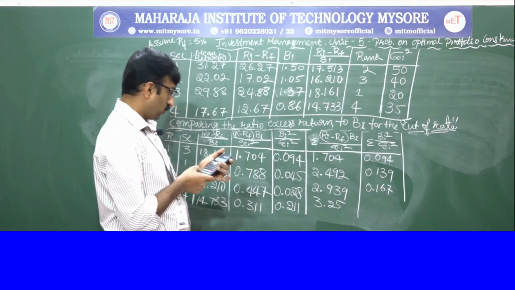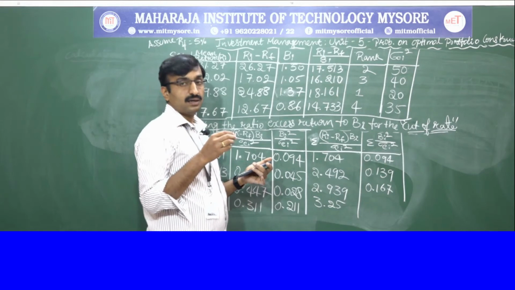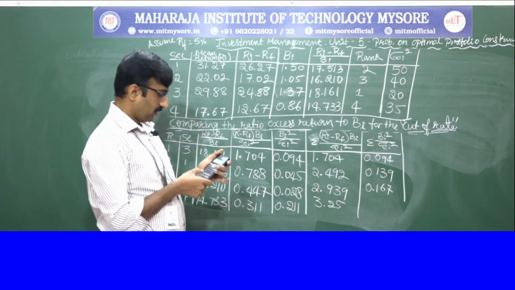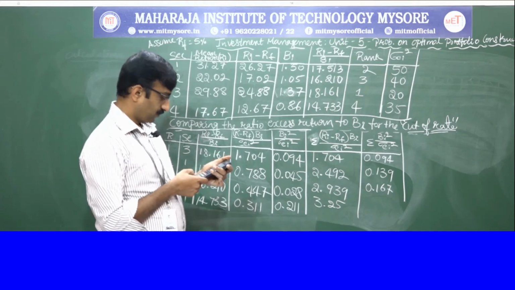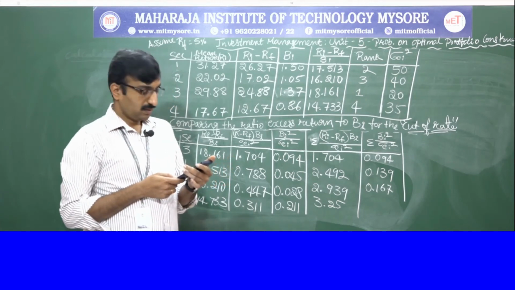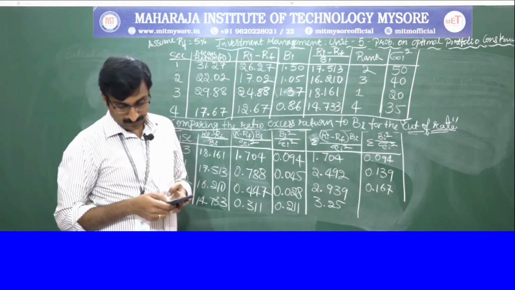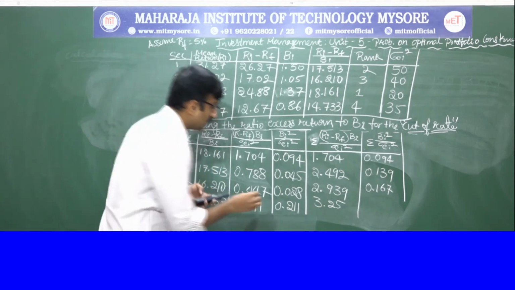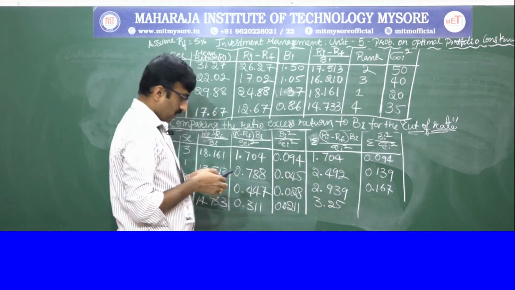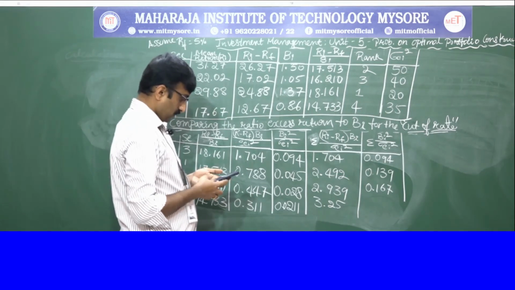Plus 0.211. If you do, you will get 0.167 plus 0.211. If you do, you will get 0.188. It is 0.021, sorry, it is 0.0211.